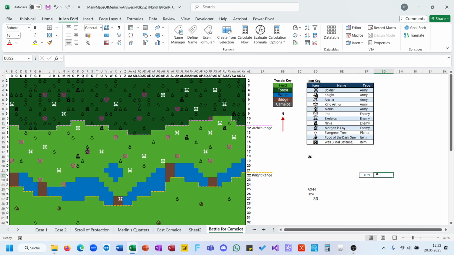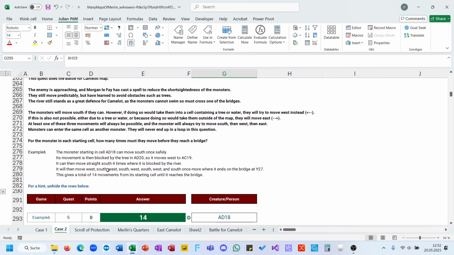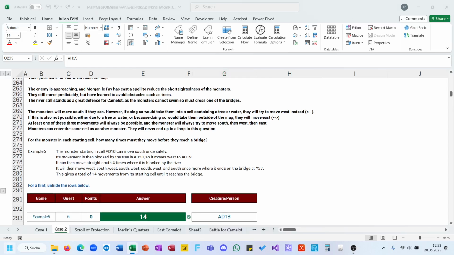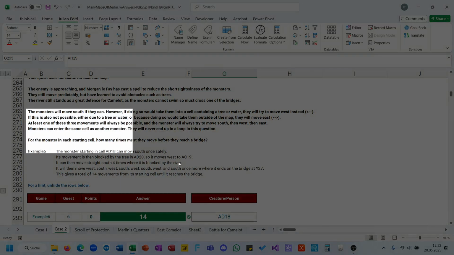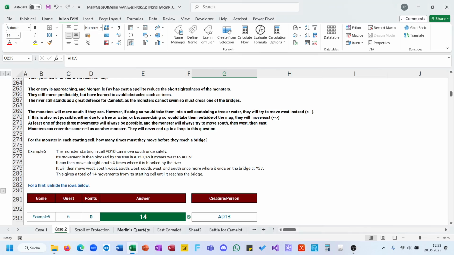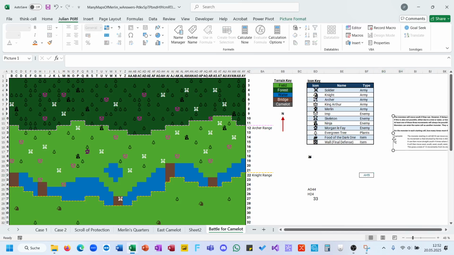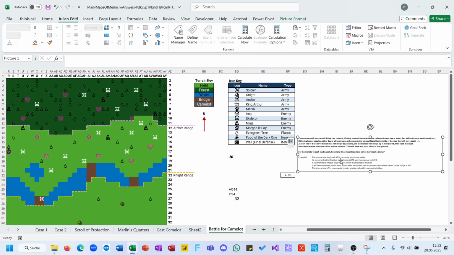So let's see. I need to have the instructions. And we can start on 8018. I think this is better.